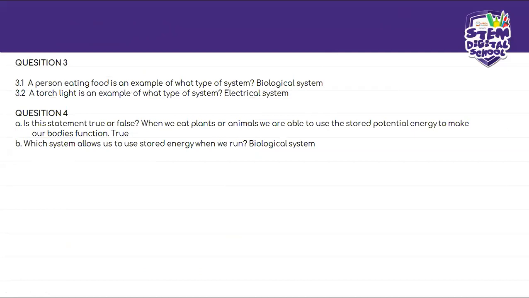These are the solutions for question 3. Let's check them out. A person eating is an example of what type of system? Biological system. A satellite is an example of what type of system?